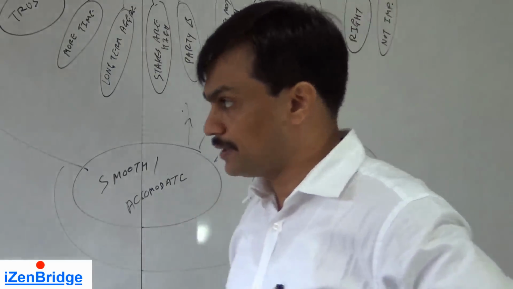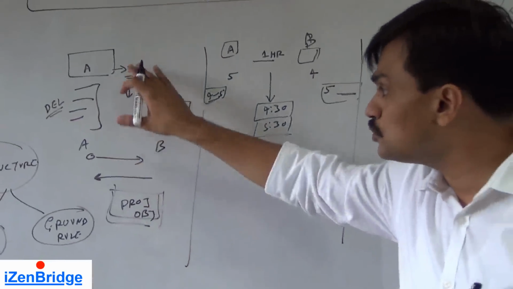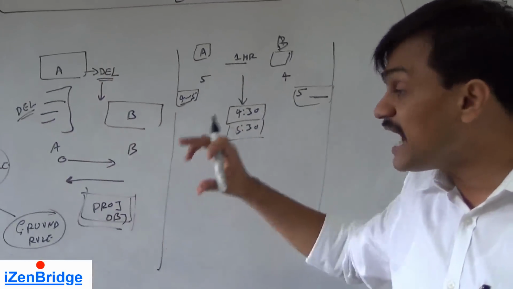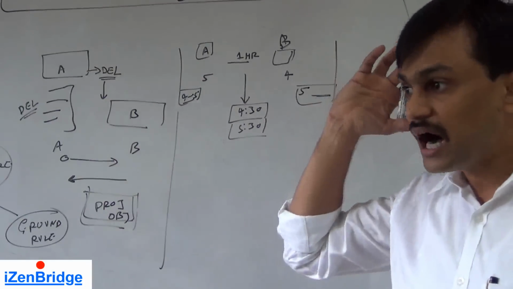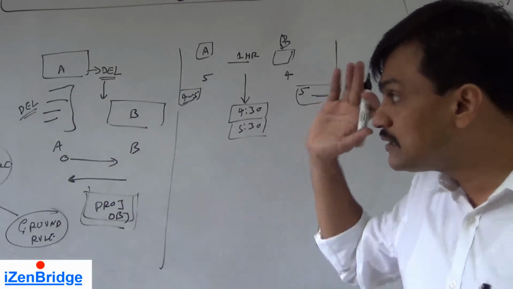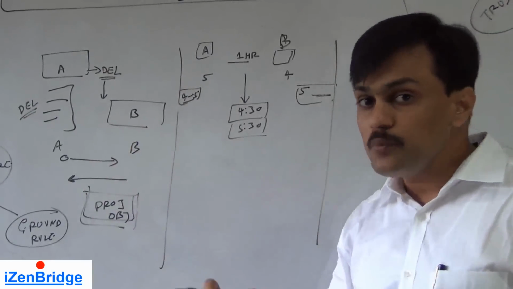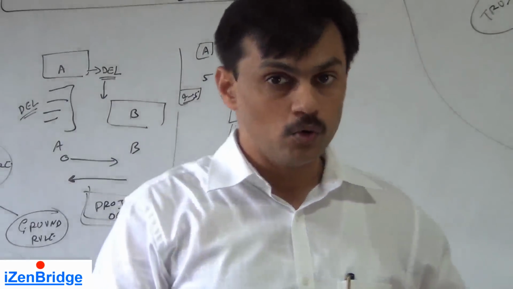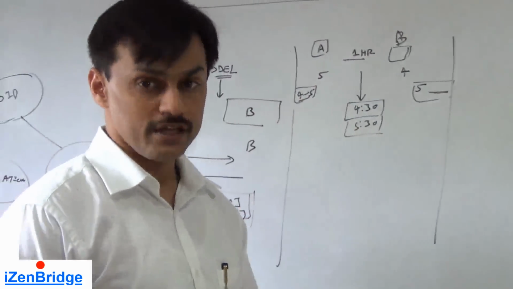So let's take an example. Same example, team A and team B are discussing the deliverable timelines, but the atmosphere is so hot or so untrustworthy, people are not willing to listen to each other. So as a project manager, you may try to talk about the principles, the values which both the teams believe in.